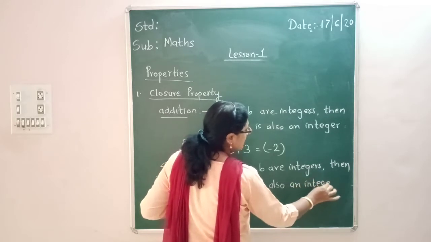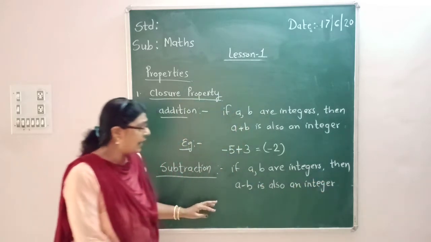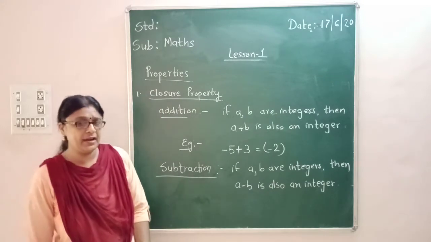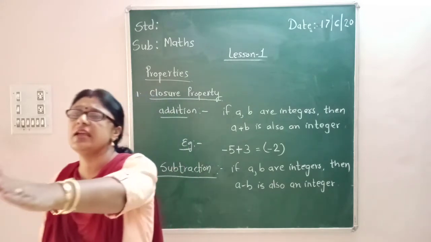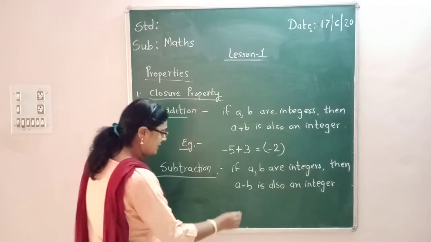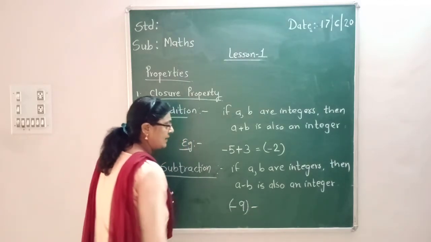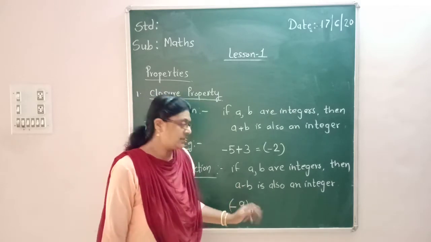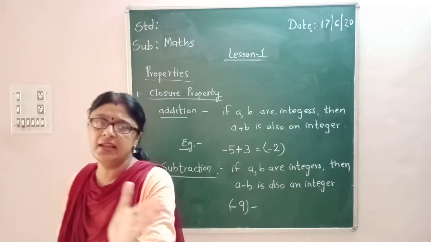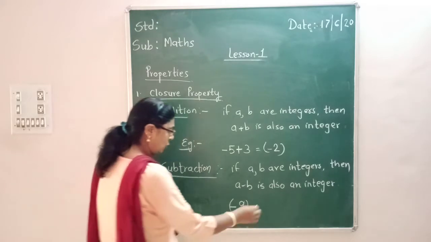Let us find out with the help of an example. Can anybody tell me any one integer? Okay, let me take -9. So -9, minus. You have to do minus. Now one more integer. Anybody? Okay, -2.